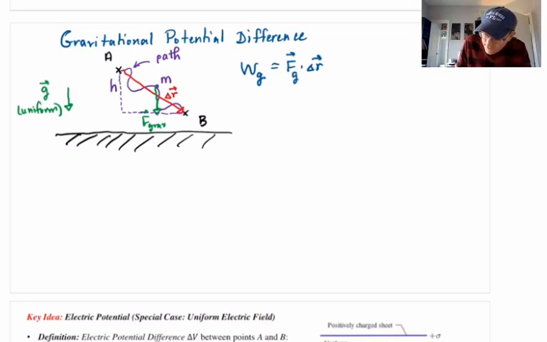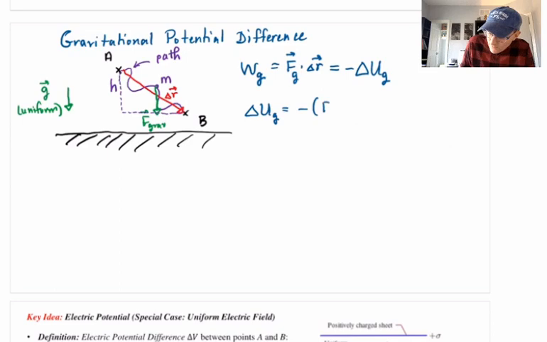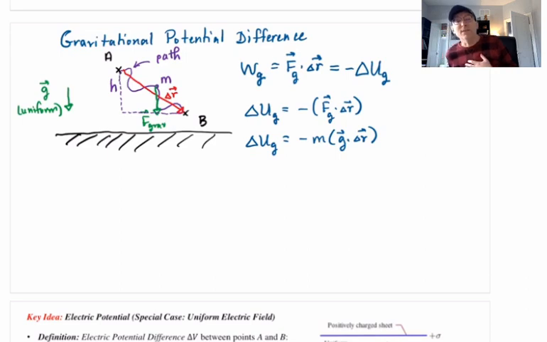And we know that since the gravitational force is conservative, that work done by the gravitational force can be written as the negative of the change in the gravitational potential energy. So let's write delta U grav is negative F grav dot delta r, or delta U grav is negative m times g dot delta r, where I just used F grav as m times g vector.